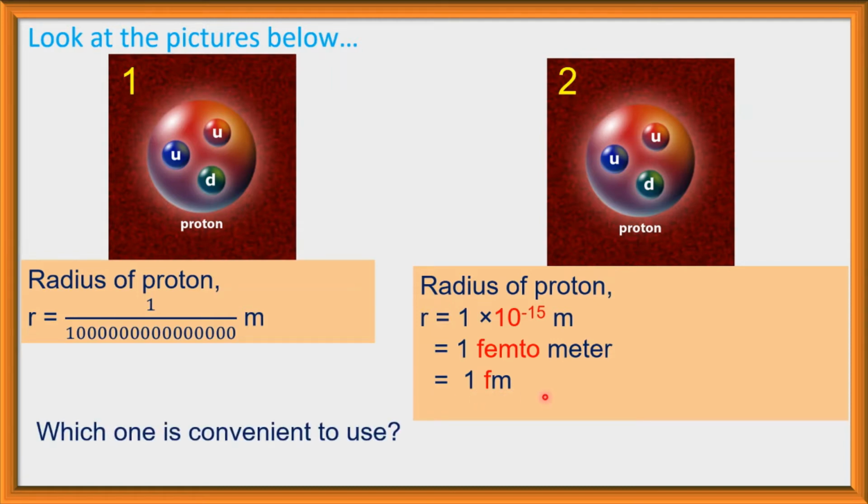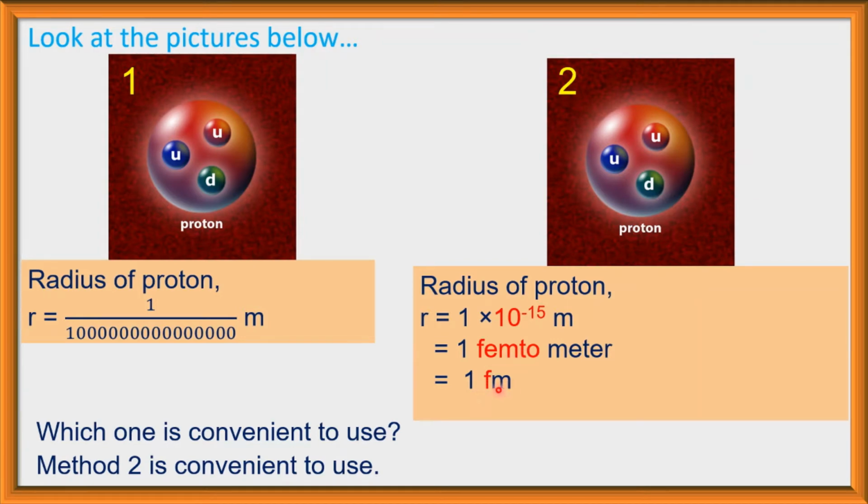Which one is convenient to use? Obviously, here method 2 is convenient to use, because instead of this number, we are using only a prefix f, that is this 1 into 10 to the minus 15. For 10 to the minus 15, we can use the femto prefix, that is f.